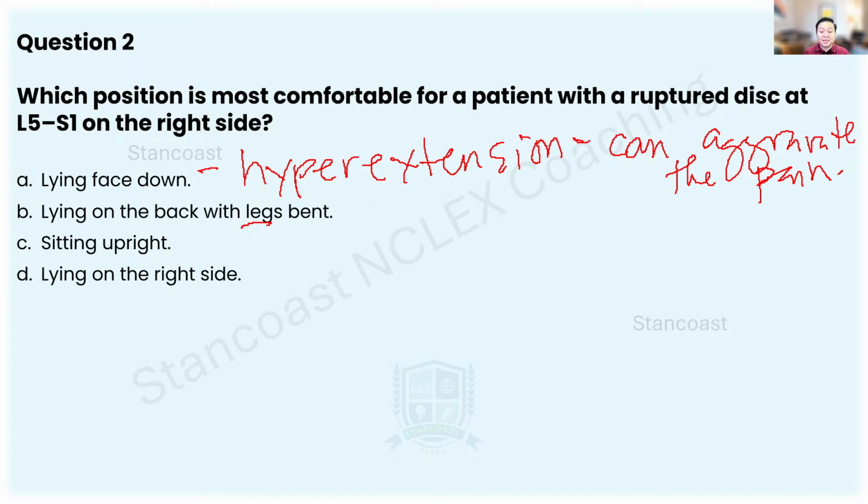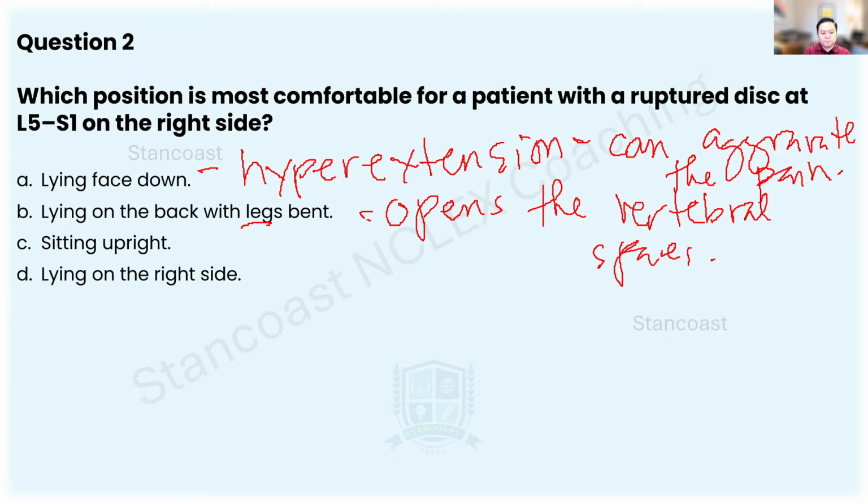This can relieve the pressure onto the affected nerve. So again, lying on the back with the legs bent can cause the vertebral spaces to open up. And if this is going to open up those spaces, of course, there will be a relief of the pressure onto the affected nerve. That's simple.